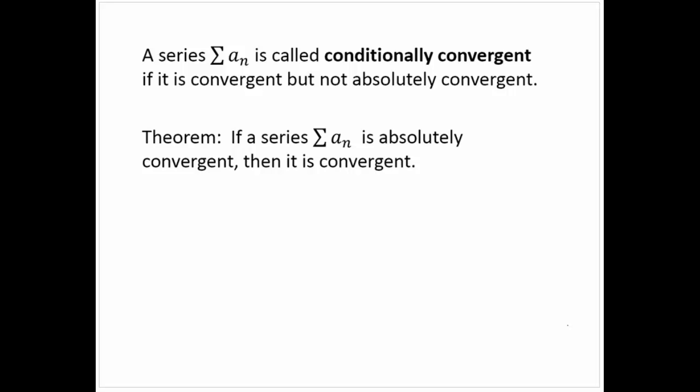Now, if we have an absolutely convergent series, we have a theorem associated with it. The theorem says if a series is absolutely convergent, then it is convergent. So if we can take the absolute value and find that it's a convergent series, then the original series was also convergent. Now this is a useful theorem.